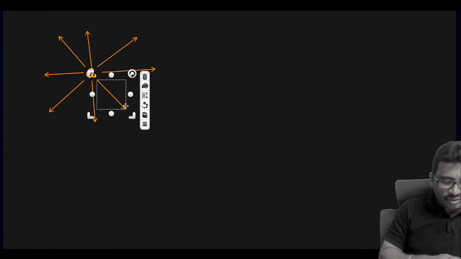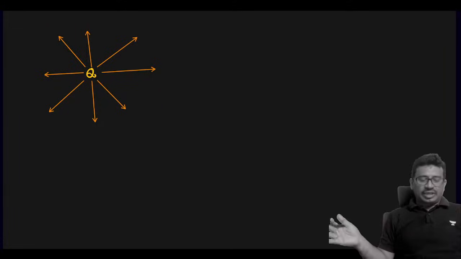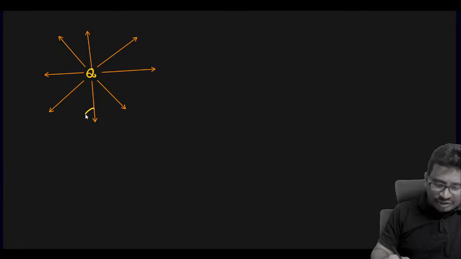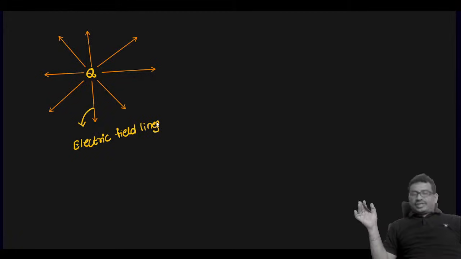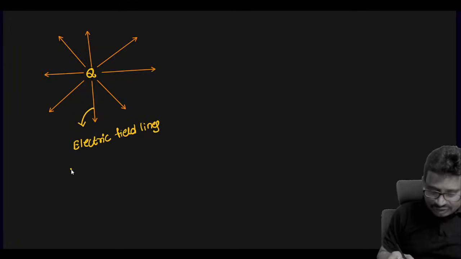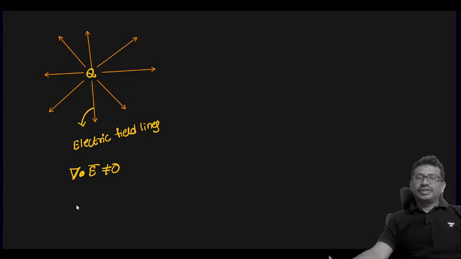What is this nature called? How are these electric lines leaving? These are nothing but electric field lines. This is nothing but the electric field. And how are these electric field lines? Leaving nature, diverging nature. So that's the reason the divergence of the electric field is non-zero.